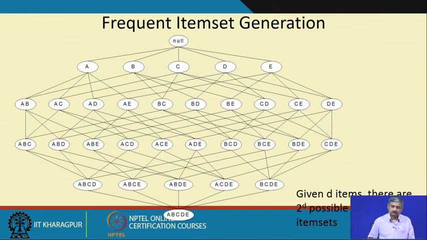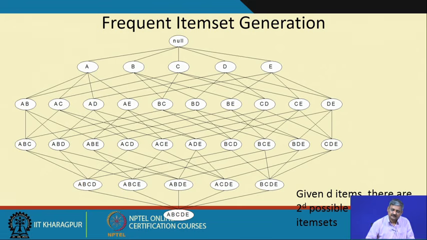So, among all these possibilities of different item sets, if by brute force I want to find out who among them are frequent, for each and every one of these I will scan the set of transactions, 100 transactions, in fact there will be millions.